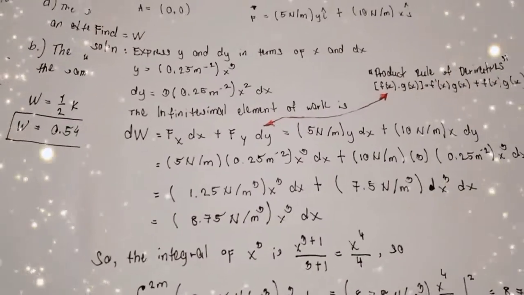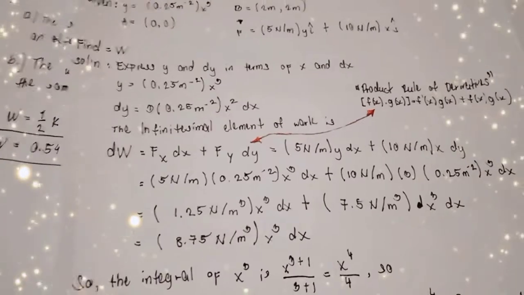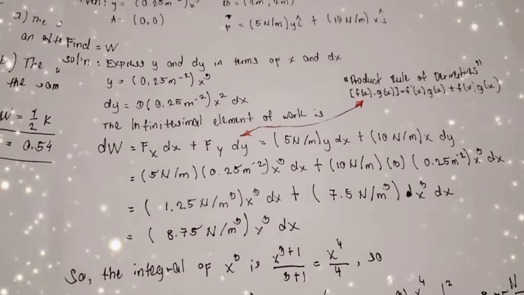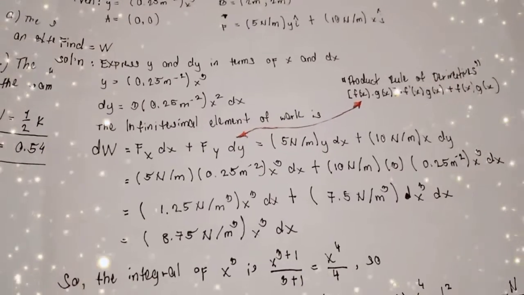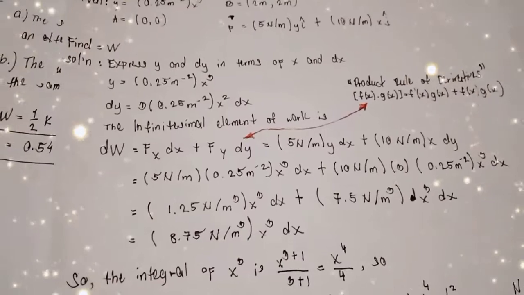So the integral of x³ is x^(3+1) over 3+1, equal to x raised to the power of 4 over 4.